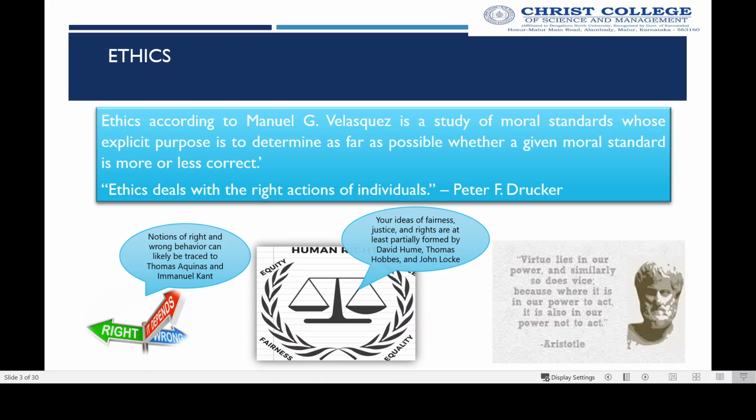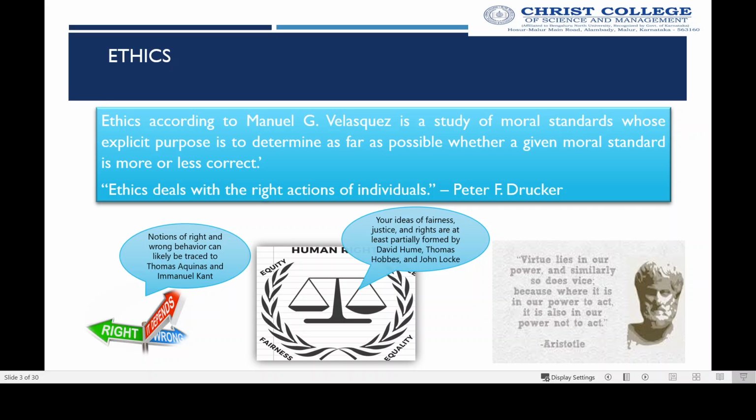According to Immanuel Kant, you should do an action in such a way that it can be made universal tomorrow. That is, the action should be so perfectly done that anyone, anywhere, anytime can copy it, and it won't be pointed to as wrong behavior. That is according to Immanuel Kant.